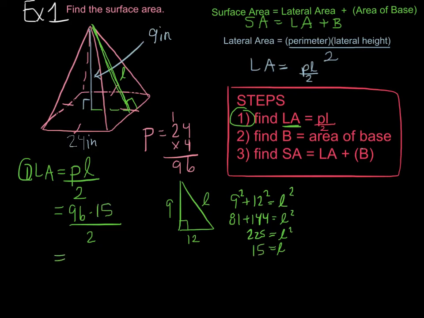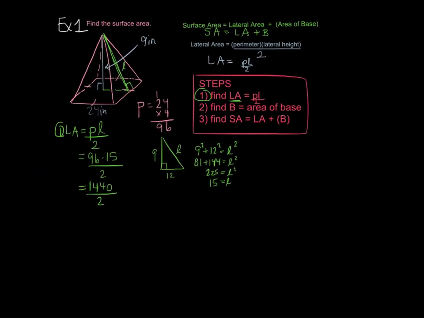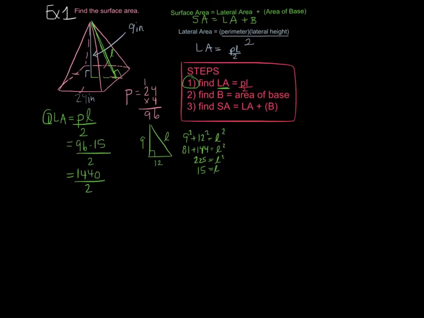Now I'm going to spare you the multiplication of 96 times 15, and I'll tell you it's 1,440. Now we still need to cut that in half. Half of that is 720 inches squared.